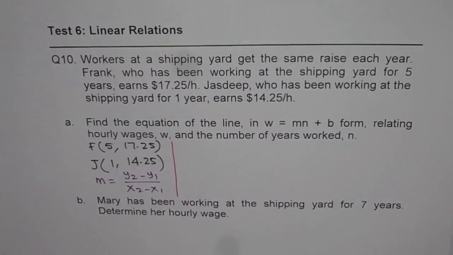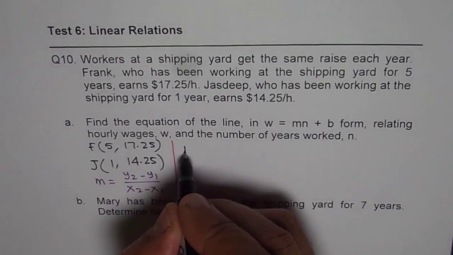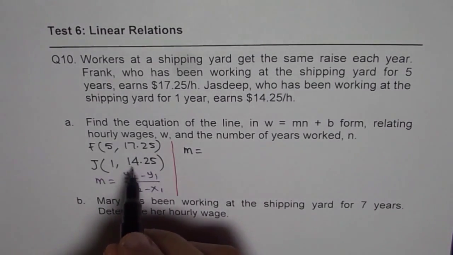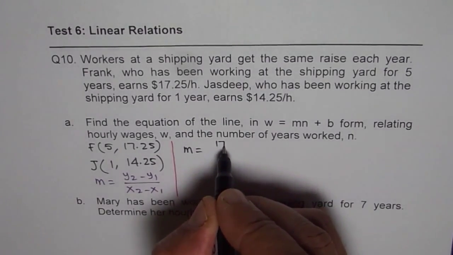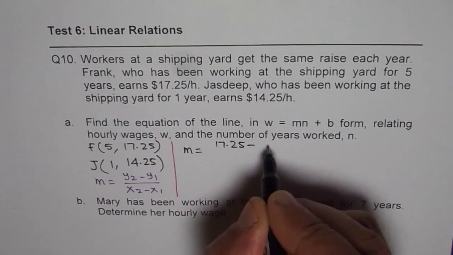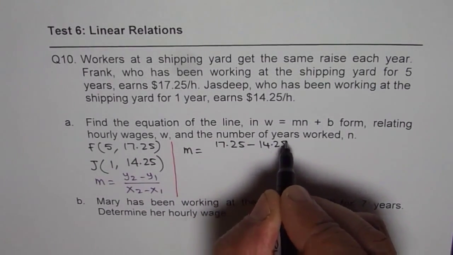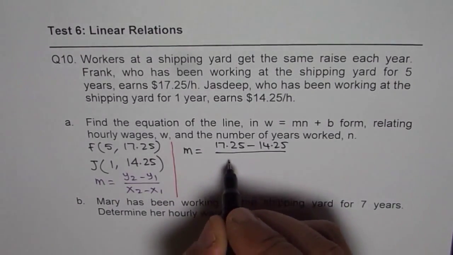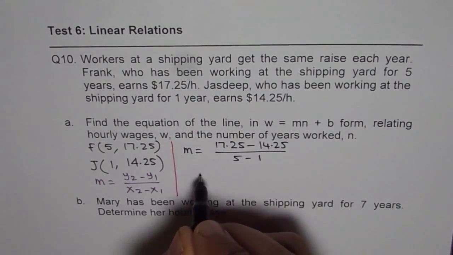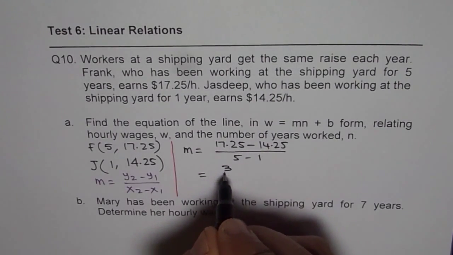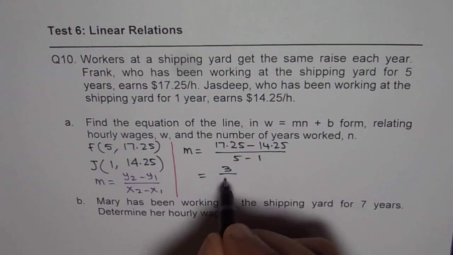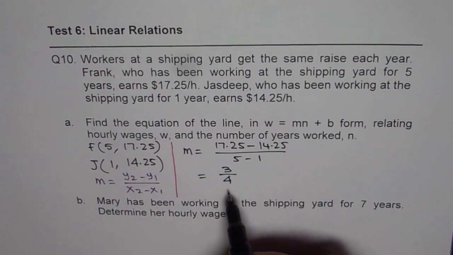So m is equal to 17.25 minus 14.25 divided by 5 minus 1. That is 17 minus 14 is 3, divided by 5 minus 1 is 4. So slope m is 3 over 4.